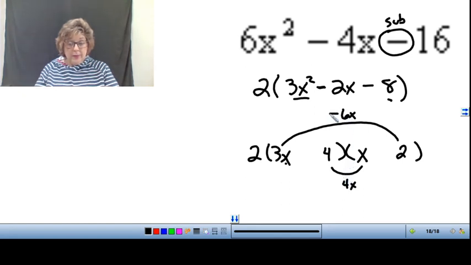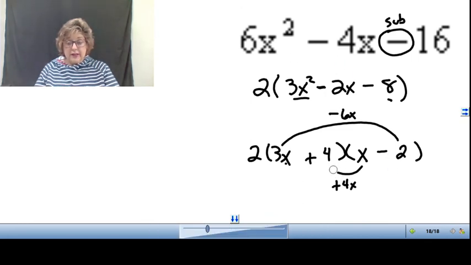So that would be my negative, and that would be my positive. So, well, which would this sign be here? Well, I have to make sure that's a positive, so that would be my plus. In this case, I need to make sure this product is negative, so that would be my minus.